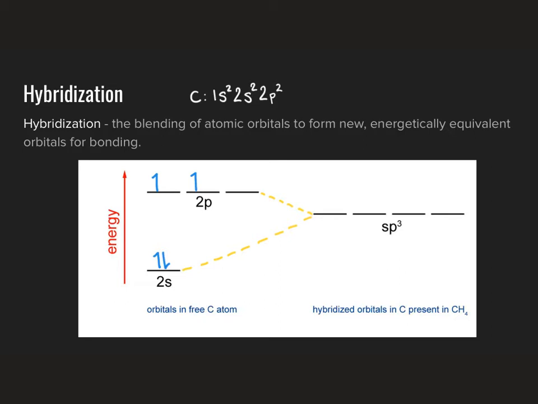We get that terminology from the 1s and the 3p suborbitals, which we use to form those 4 new energetically equivalent hybridized orbitals. Note that the number of orbitals which we have present here is conserved. That is, we haven't created new numbers of orbitals. We've just changed them in terms of the wave function present here.